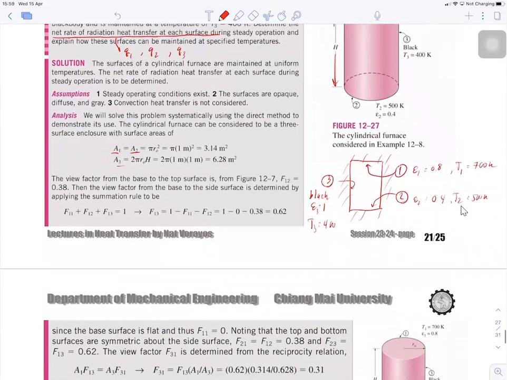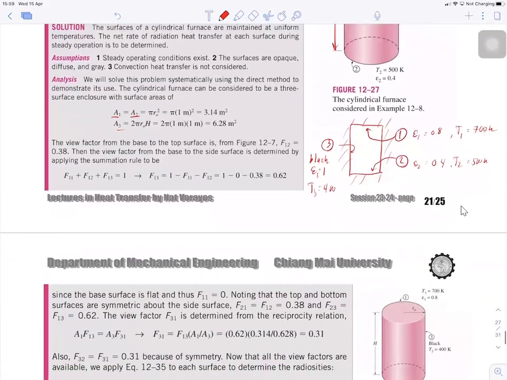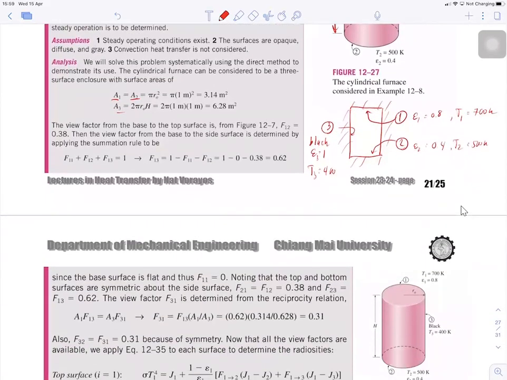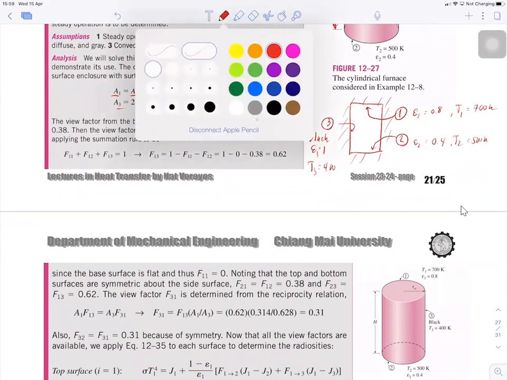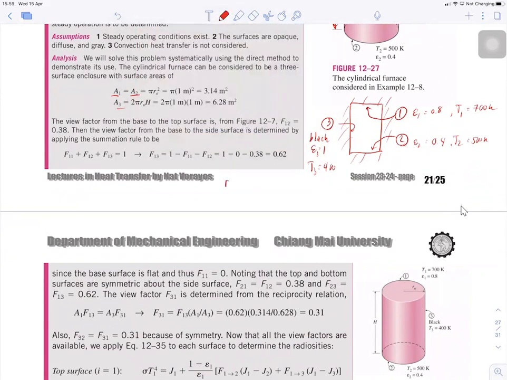Okay. Then, because you know that you have 9 surfaces, you might not need all the surfaces, but if you go for all the view factors, it's going to have view factors F11, F12, F13, F21, F22, F23, F31, F32, and F33.